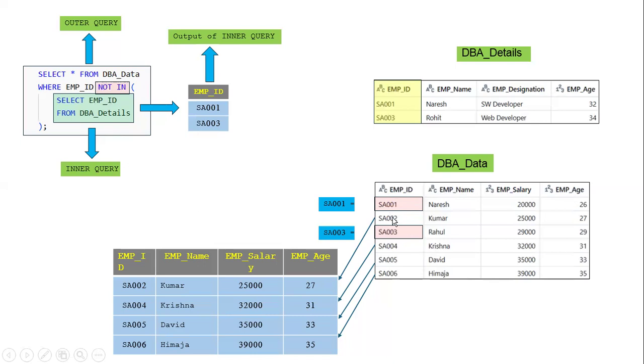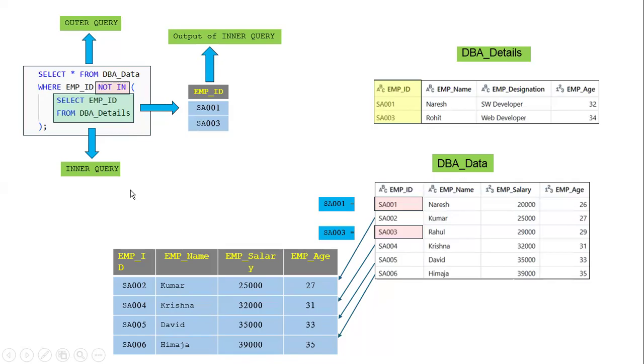Since it is a primary key, there won't be any duplicates, so it will stop at the first record only. Then for the second record, SA003, no match here, no match here, then a match is there, and it will stop here. This is the way NOT IN works.